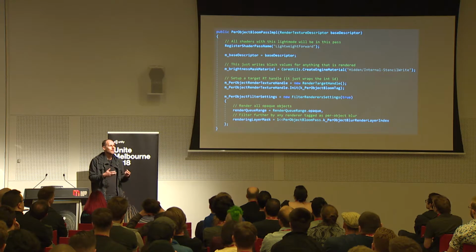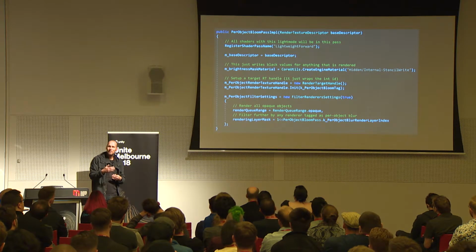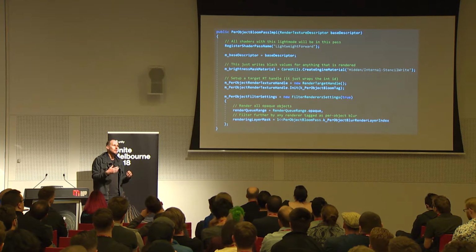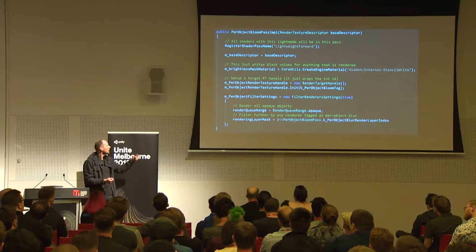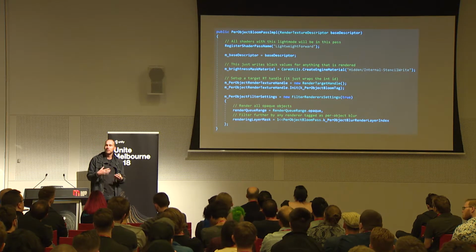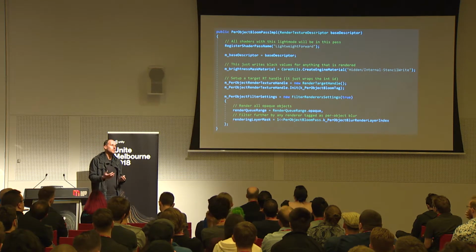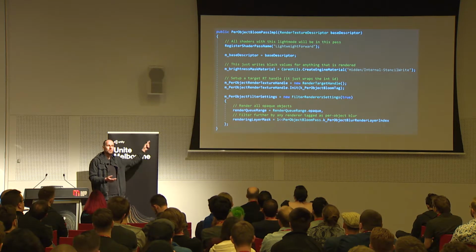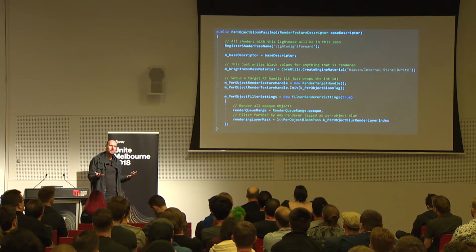So it's pretty much a way to selectively change how I render things in my scene, or selectively change what I render. The lightweight forward string there, that's what in the lightweight render pipeline every shader is now tagged with. So this is just going to render all the default objects, basically.